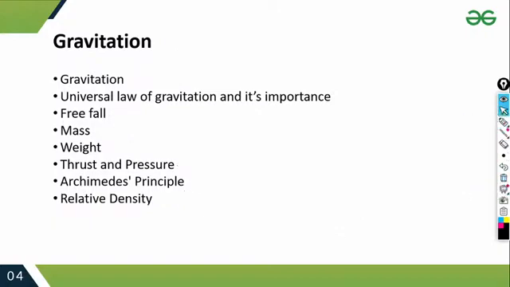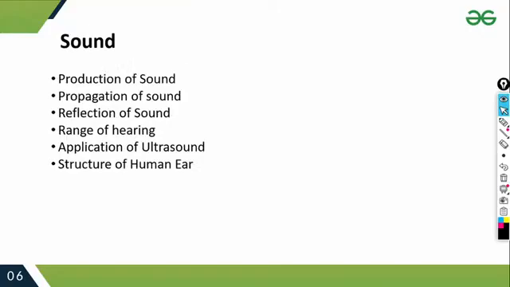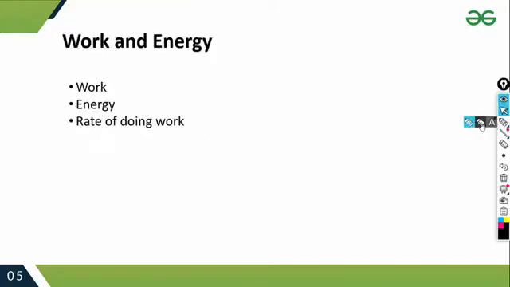And after the gravitation chapter, we have work and energy. Don't think it is a very small chapter just because I have written just three topics. Each and every topic has a detailed explanation, so we are going to see that too. First, work: what work actually is, and the different scenarios, when the work done is minimum, when it is zero, and when it is maximum.